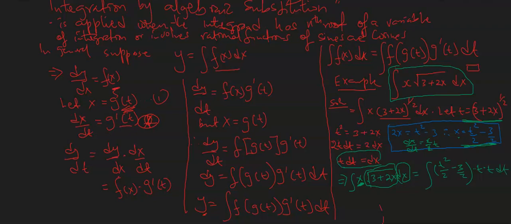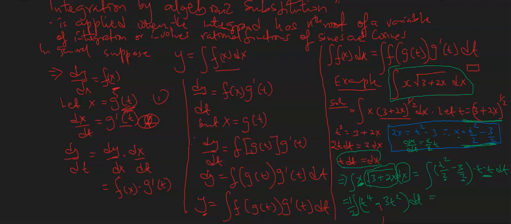And now you can see on the left hand side, we don't have an x, and this will be the same as the integral of t squared times t squared. We get t raised to power 4 minus 3 times t squared dt. Note that you can put the half out, 1 over 2, we can put it out.